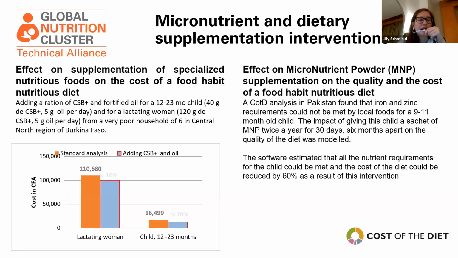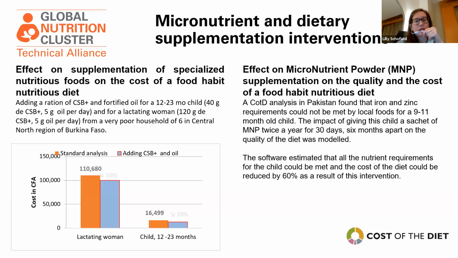You can see that in the case of the women, the ration reduced the cost by 10%. And in the case of the child, it reduced the cost by 20%. So this is one of the features of cost of the diet: by changing those parameters that I talked about, you can see the potential impact of different interventions.